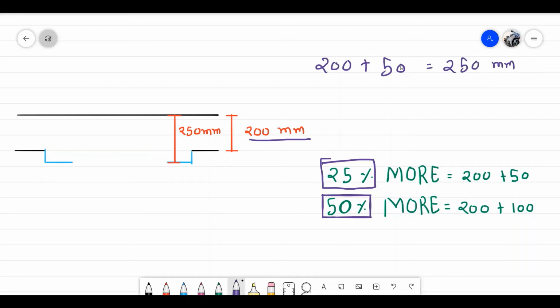Same thing, assuming 200 mm slab thickness, 50% more means 100 mm, so the value is 300 mm. So the drop thickness is 250 or 300 mm; in between this you can take anything. So what we do is take a 250 mm drop thickness.